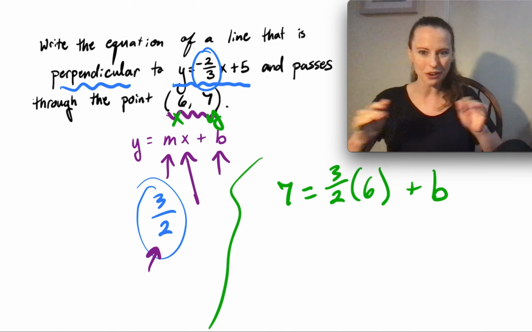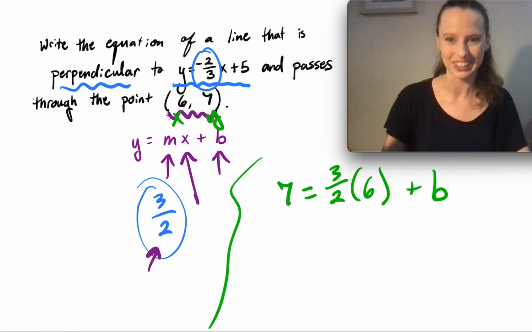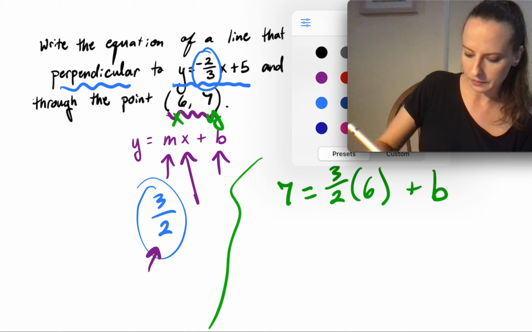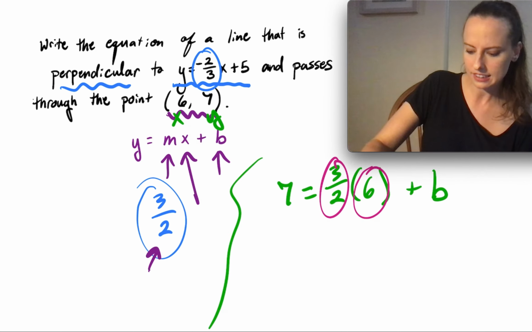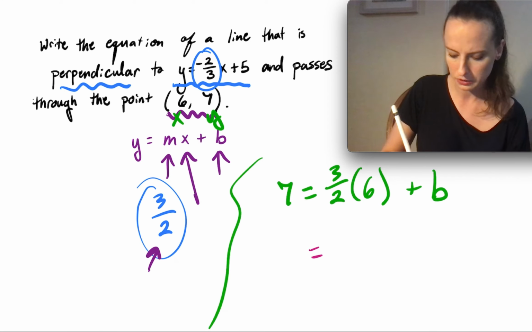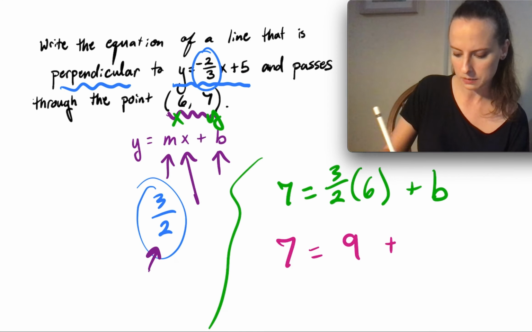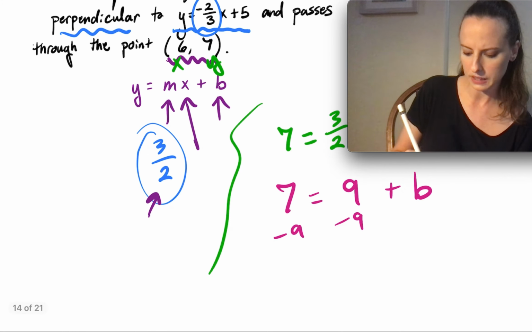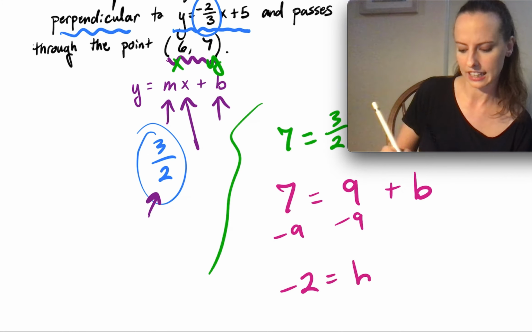So it's okay that we don't have anything to plug in for b because we're going to solve for it. So if I solve this, 3 over 2 times 6 is going to give me 9. 3 times 6 is 18, divided by 2 is 9. So I have 7 equals 9 plus b. I'll subtract 9 on both sides, and that gives me that b equals negative 2.